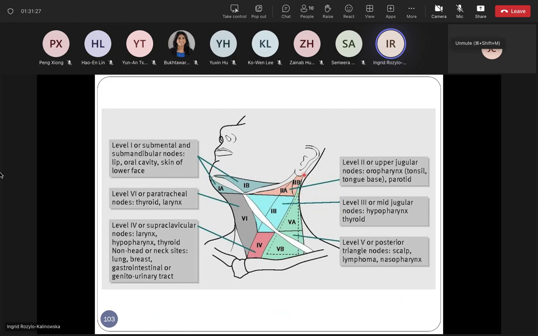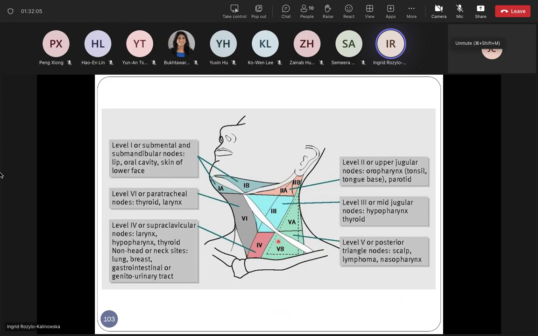Level 2 is the upper jugular nodes, so they are posterior to the ramus of the mandible, but anterior to the sternocleidomastoid muscle. Level 3 is the mid-jugular nodes, so again, anterior to the sternocleidomastoid muscle, but between the level of the hyoid bone here and the level of the cricoid cartilage of the trachea, or also the omohyoid muscle.